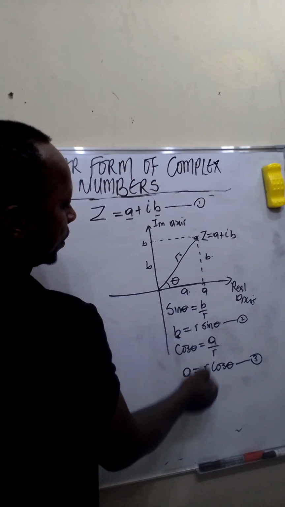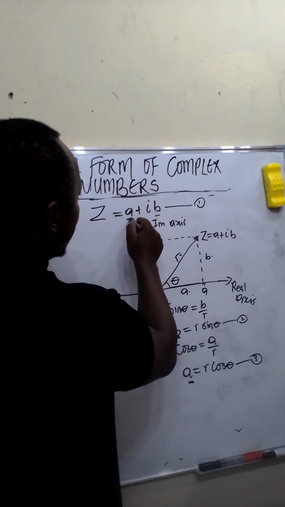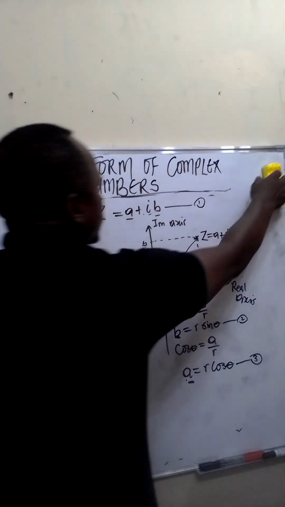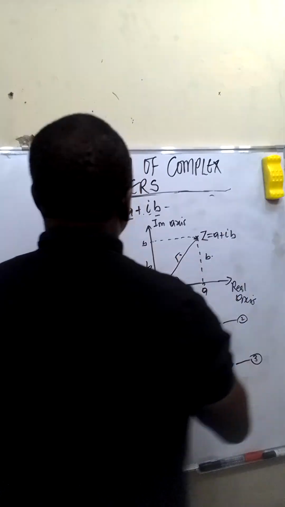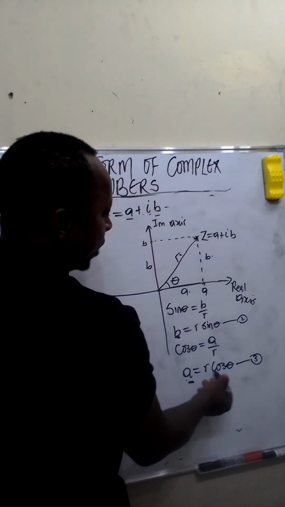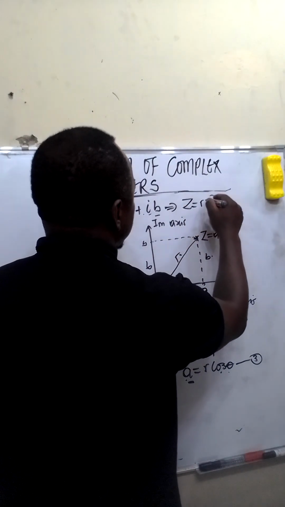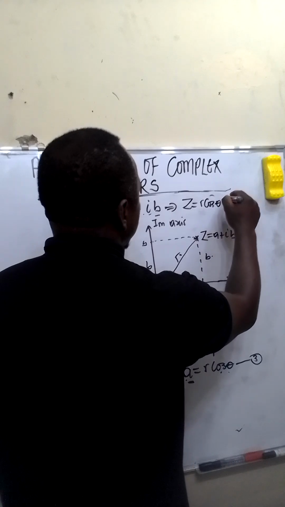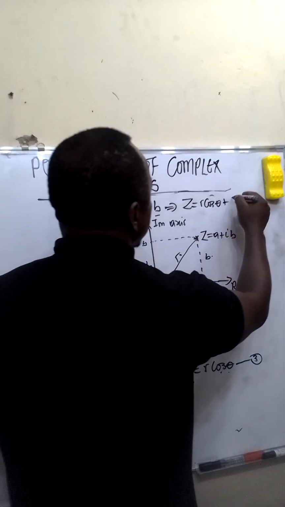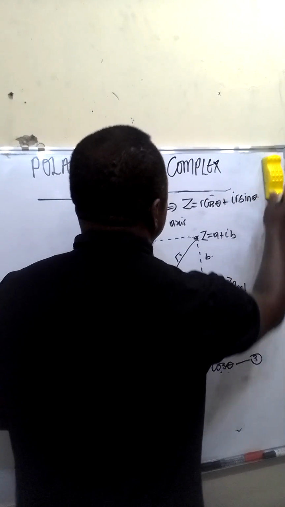Now we have gotten B and A. The next thing we are going to do is to replace A and B in this equation. So from z equals a plus ib, our A is R cos theta, so that z will be equal to R cos theta plus our B, which is R sine theta, so this will be i R sine theta.